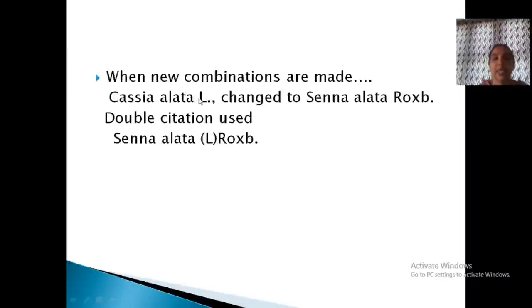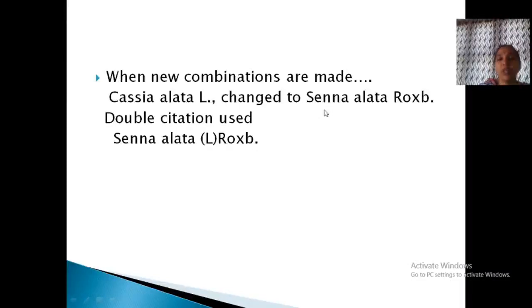Linnaeus described Cassia alata, and it is now changed to Senna alata by Roxb. How will you name it? You can name it Senna alata with L. in parenthesis. What do you mean by parenthesis? Bracket. The author who originally published is in parenthesis, followed by Roxb. who changed it recently.